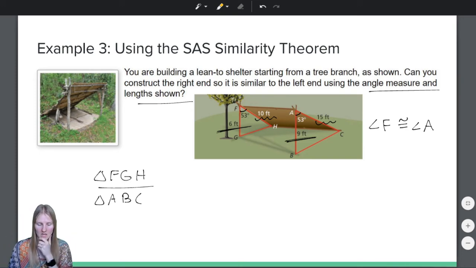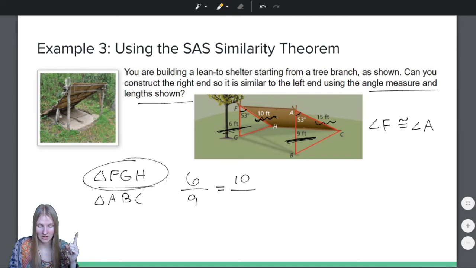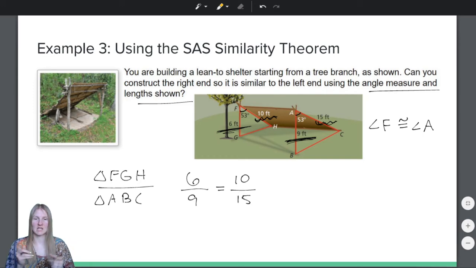So, we have 6 feet, that'll go on top because it's triangle FGH. 6 feet to 9 feet, because these sides are corresponding, needs to be equal to 10 feet, because that's triangle FGH, it stays on top, to 15 feet. These need to be equal.